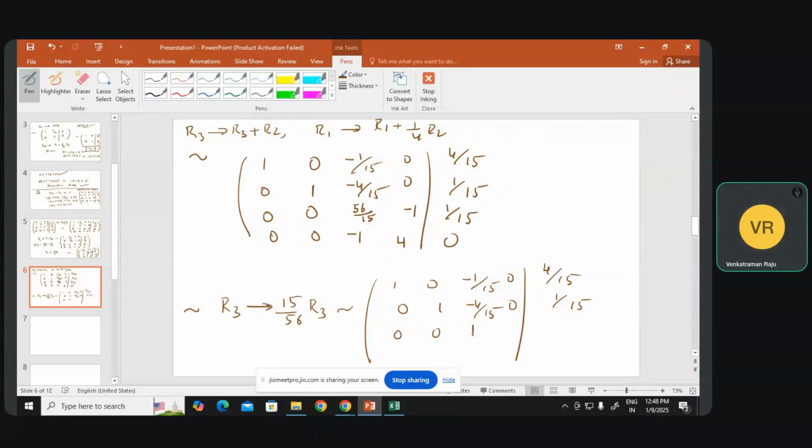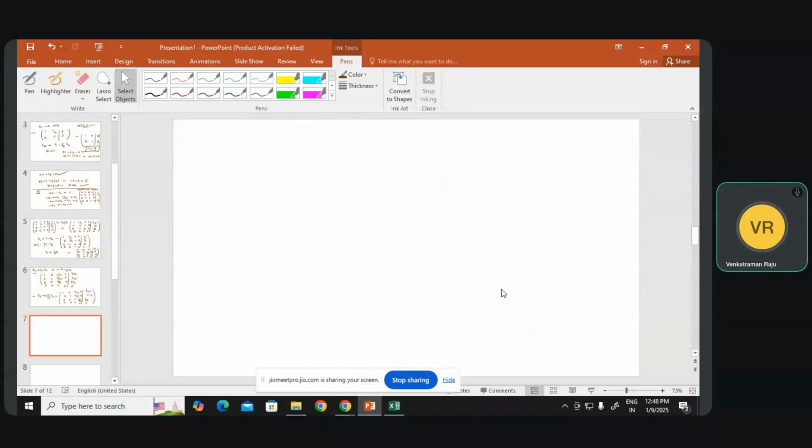Here I get 1. And here minus 15 by 56. Why? Because I'm multiplying by 15 by 56. And here it is 1 by 56 because 15 gets cancelled. I will not change anything else except the third row.